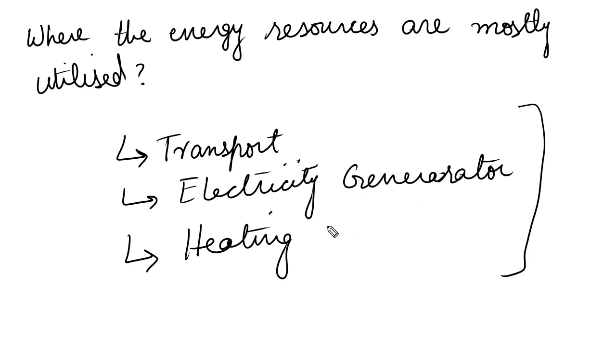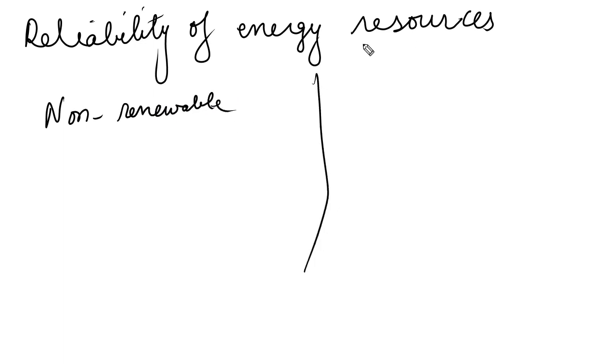Now we will look at the reliability of different energy resources. In order to check for the reliability, we will divide the energy resources into two categories. First of all, the non-renewable energy resources, and then the renewable energy resources.